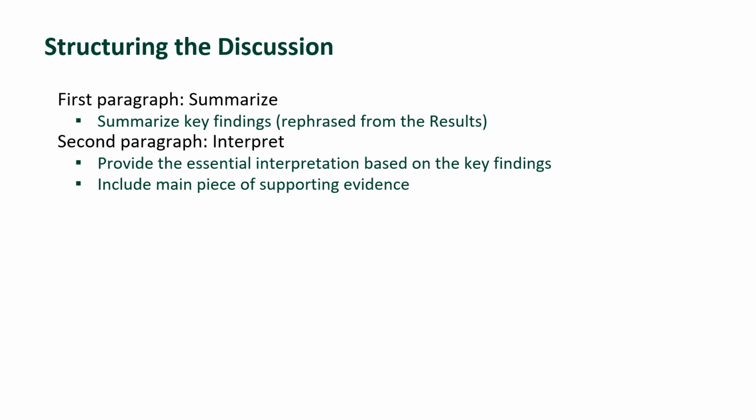You have to provide the essential interpretation based on these key findings, and when you do that, you have to also substantiate it with some supporting evidence. So you have summarized the key findings, and then you say, this means this. What does it imply?